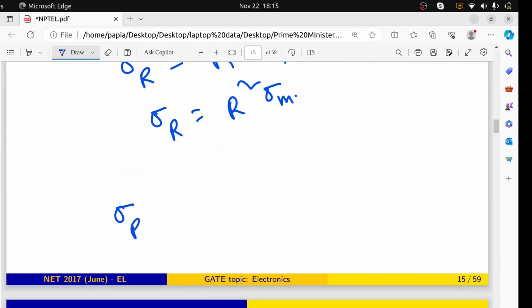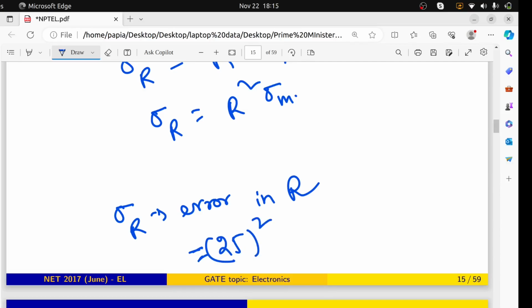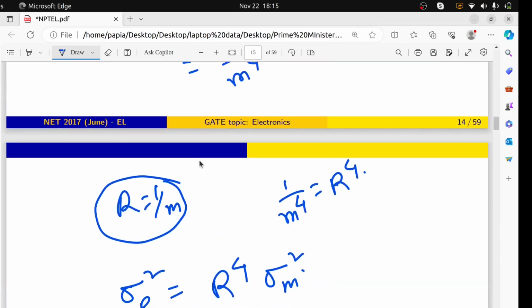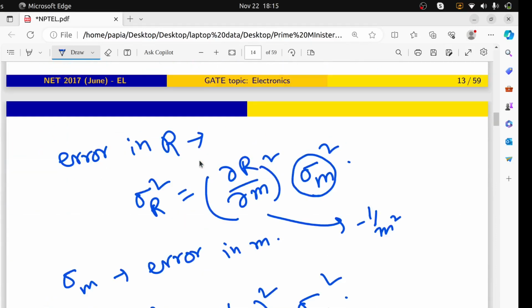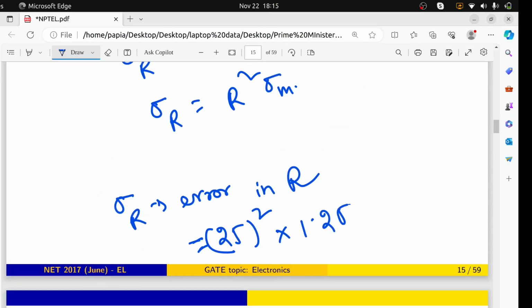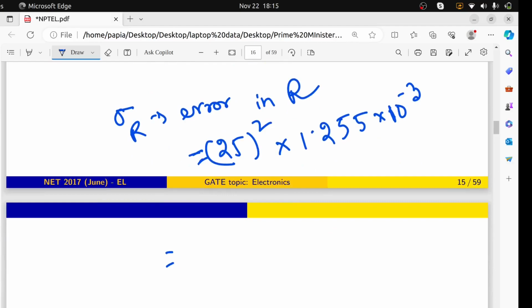Now sigma R is nothing but the error in R. So R we know, R is 25, whole square into sigma M. Sigma M was, I think, 1.255 into 10 to the power minus 3. Right? So now we just need to calculate 25 square into 1.255 into 10 to the power minus 3.